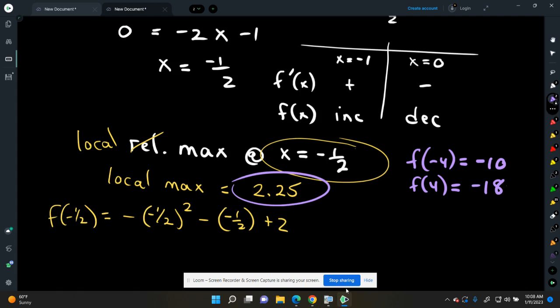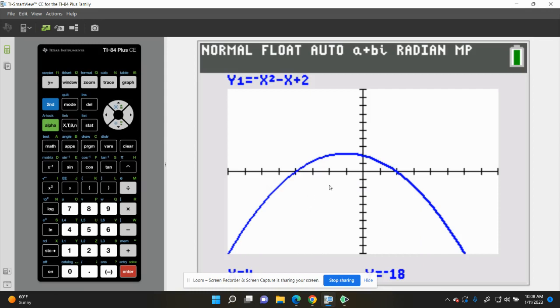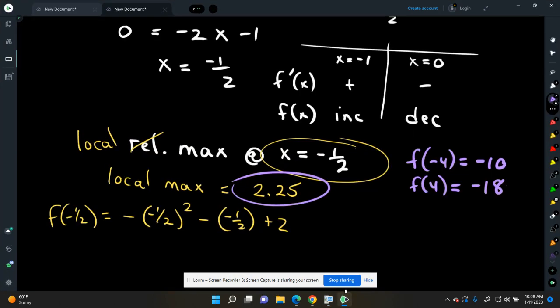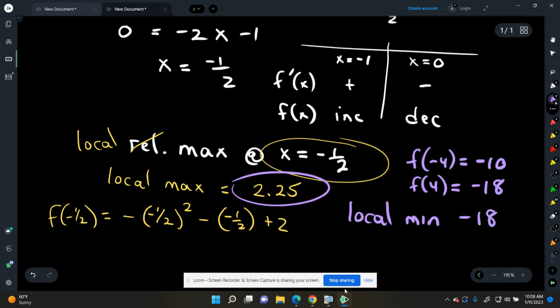What is my local minimum? What's the lowest point that this curve goes on the interval from -4 to 4? -18. It is a local minimum of -18, because this is a closed interval, I have to consider those endpoints.